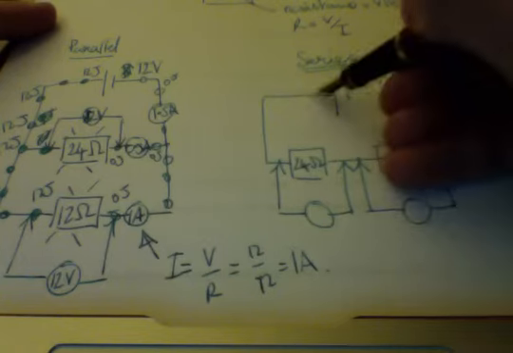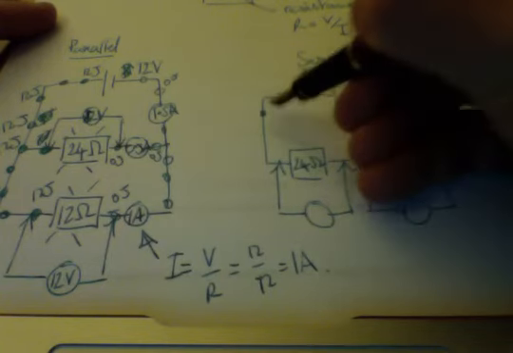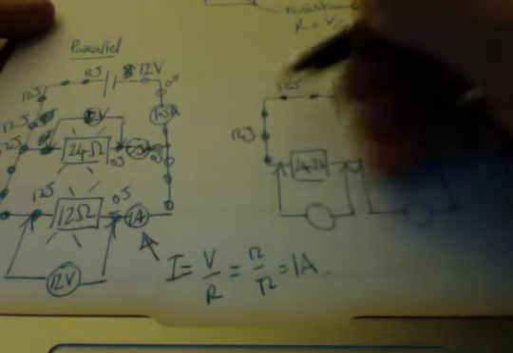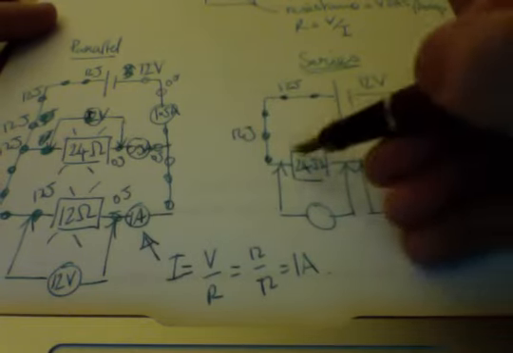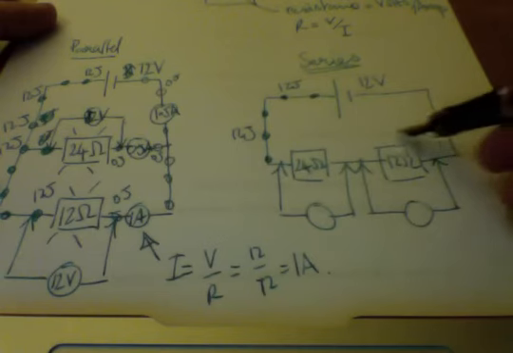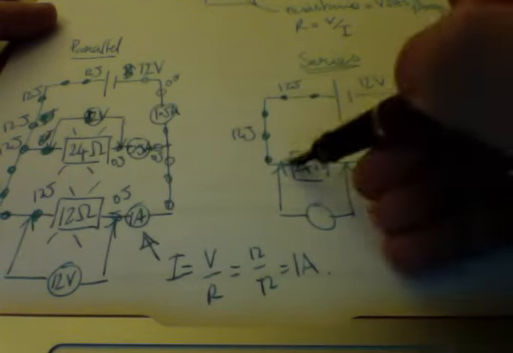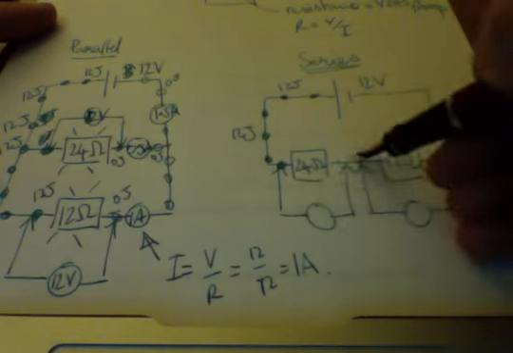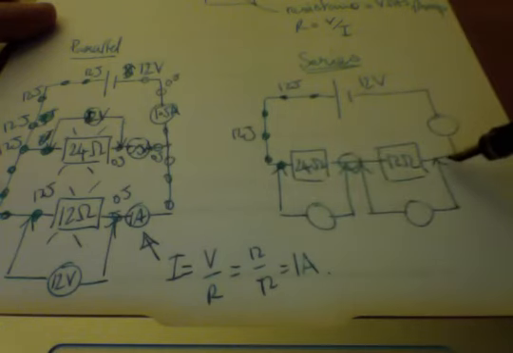Now, first of all, you can say to yourself, right, Coulomb comes flying out of the battery, it's got with it 12 joules, I got that correct this time. And then it comes through here, and this presents twice as much resistance as this one. So if you like, you can say twice as much energy needs to be used up in this obstacle course than it does in this one.